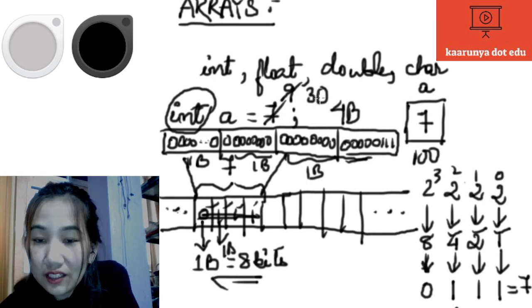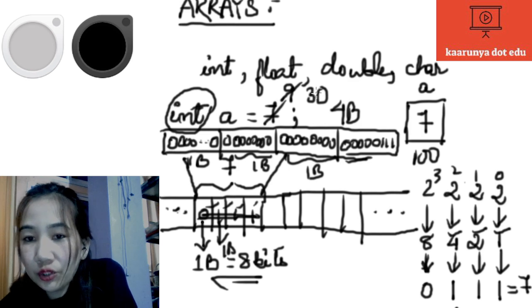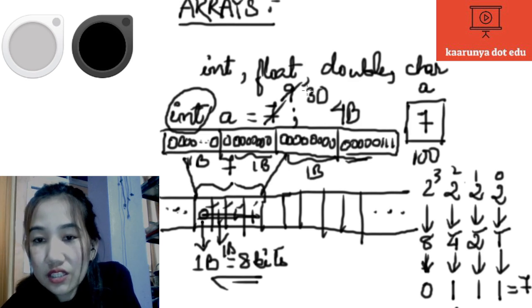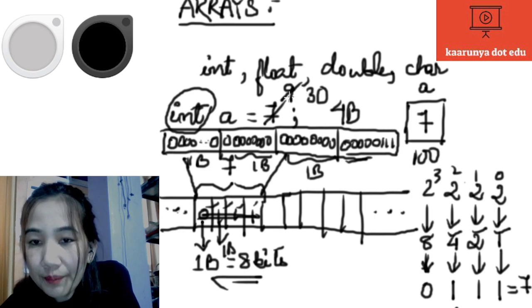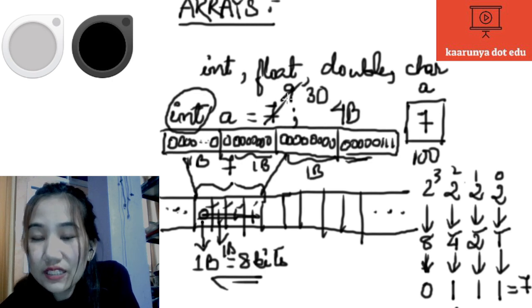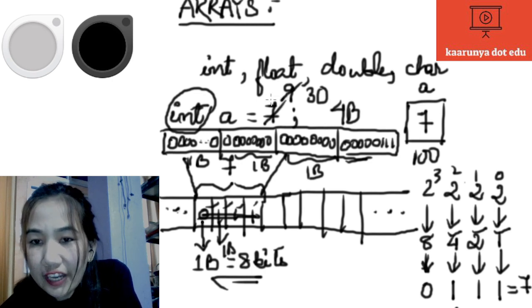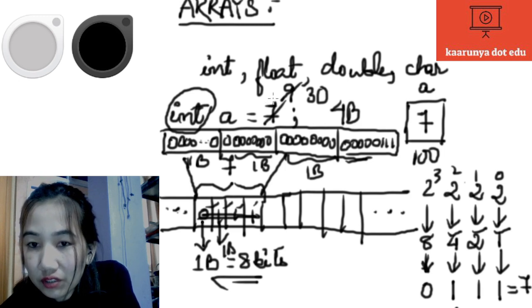From this we can conclude that there is a drawback of declaration using a variable. What is it? Using a variable we can store only one value.